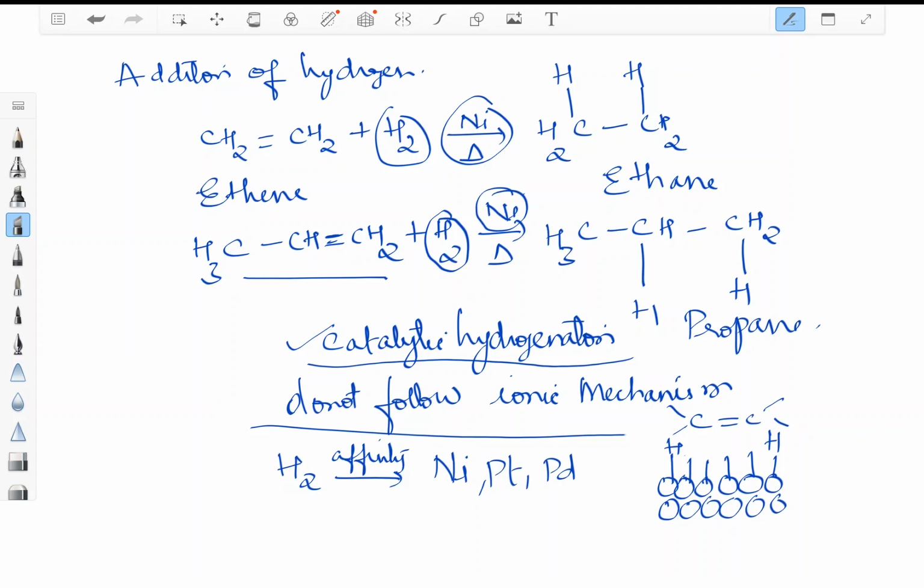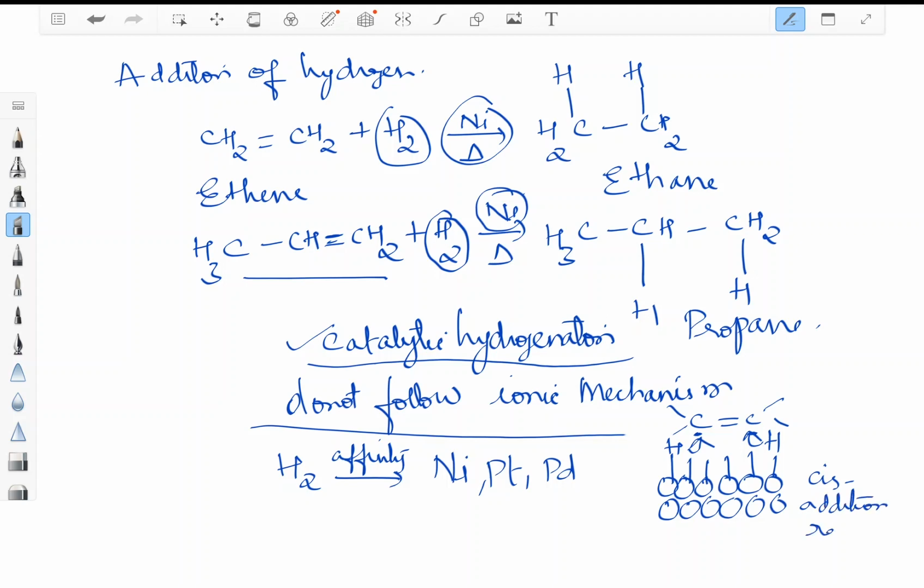Because the hydrogen is adsorbed, not absorbed, adsorbed is a surface phenomenon, it is present on the surface of the metal. The reaction usually results in the addition of two hydrogens on the same side, because this side is exposed, so both hydrogens will bind towards the same side. And when it is on the same side, as we have already studied before this session in isomerism, it is called cis, and because it is an addition reaction, it is called cis addition reaction.